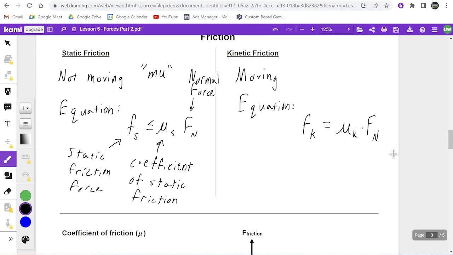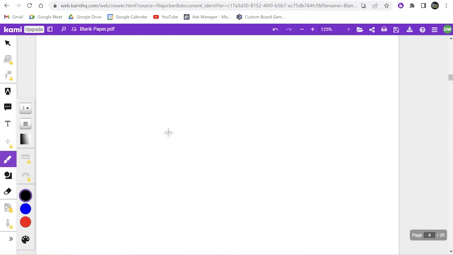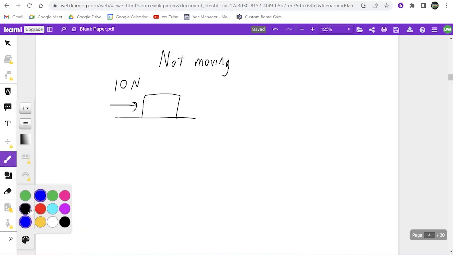So basically, let's say I push a wall. Let me just give an example. Maybe not a wall. Let's say a box. Here's a box, and let's say I push on it with 10 newtons. This is me pushing on it with 10 newtons, and it's not moving. What is the friction force? Well, the friction force has to cancel out my force, so I'm going to say 10 newtons going the opposite way.